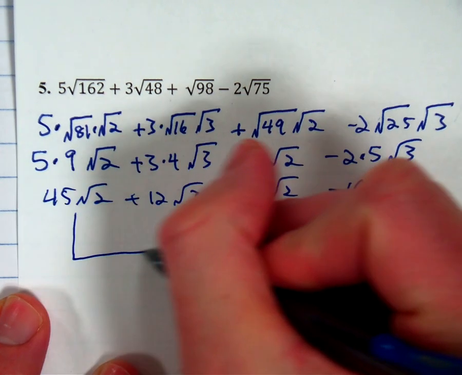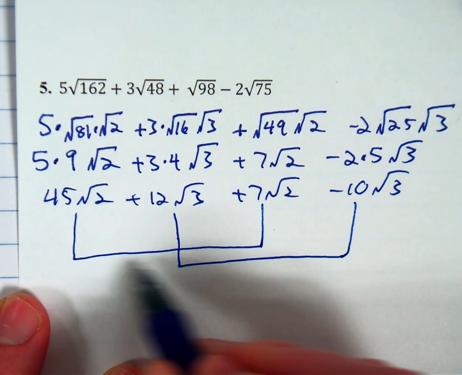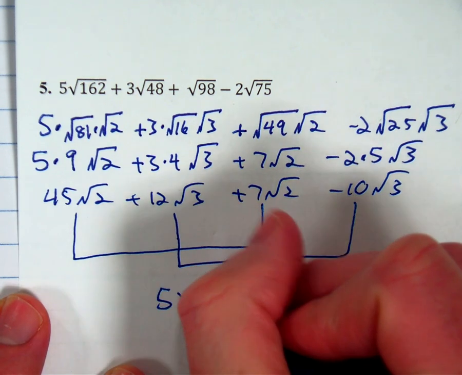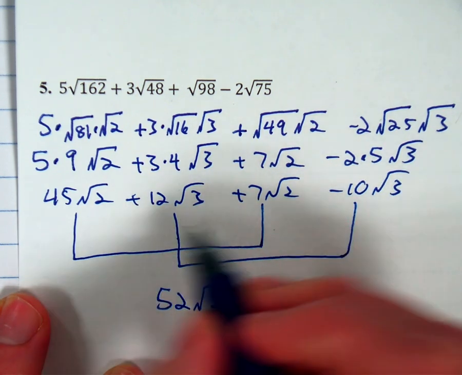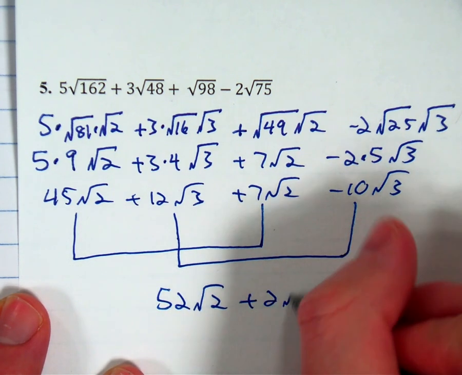And lastly, we're going to combine our matching radicals. We've got 45 plus 7, that's 52 radical 2. 12 minus 10, that's going to be plus 2 radical 3.